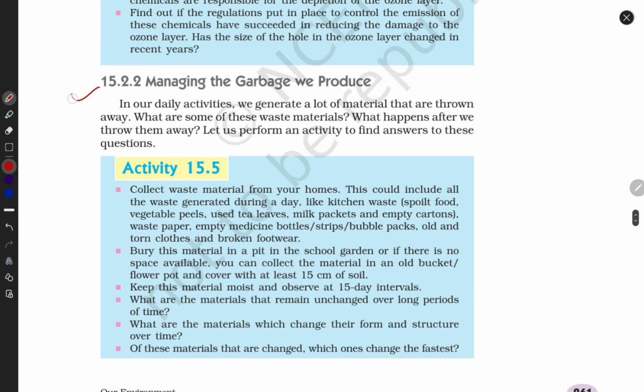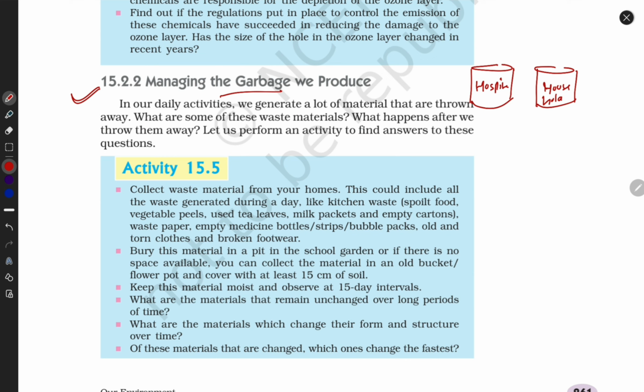The next thing is managing the garbage we produce. We have to manage garbage. Hospital garbage is different. Household garbage is different. Radioactive garbage is different.